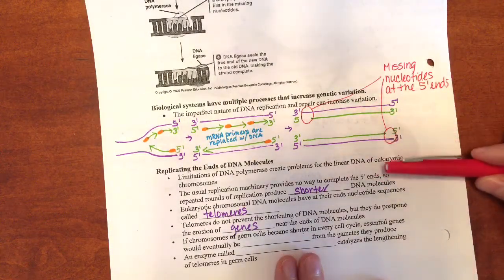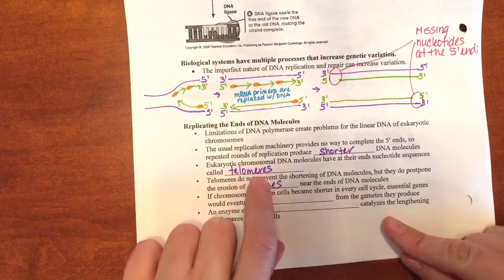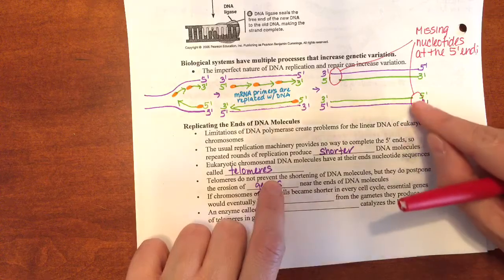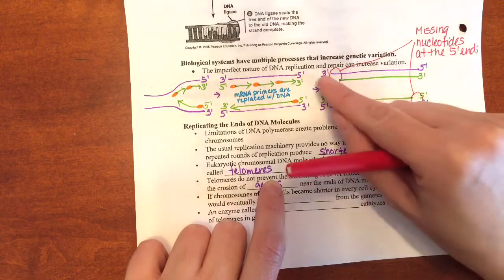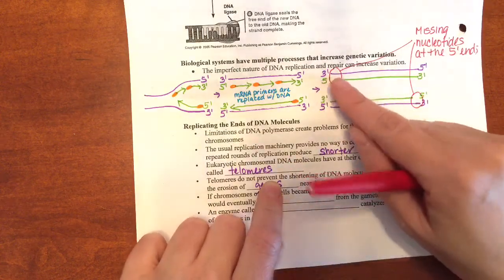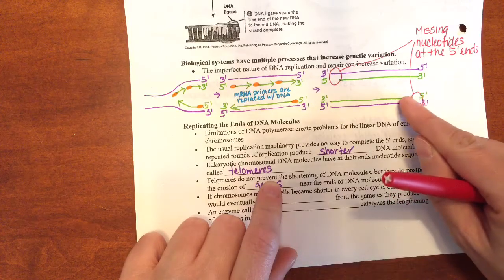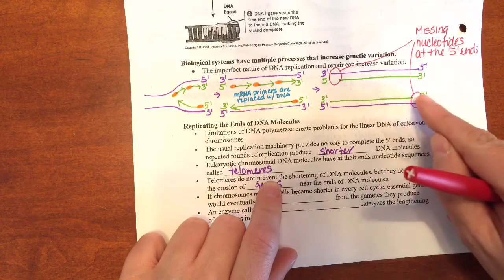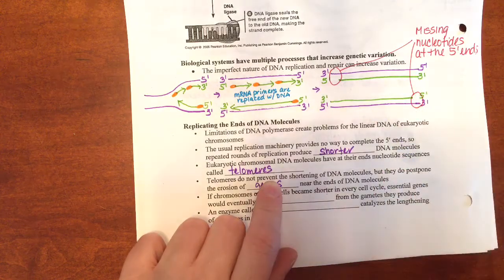So we have some protection measurements, and that's what we wrote here about these telomeres, that there are these nucleotide sequences that don't code for making proteins at the very ends of our chromosomes, and so the ends of our DNA. So as we replicate our DNA and the ends get shorter and shorter, for a long time it doesn't matter, because the DNA that we're missing is not actually coding for genes.